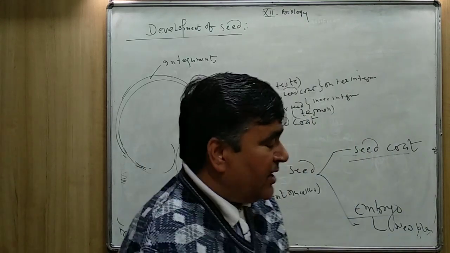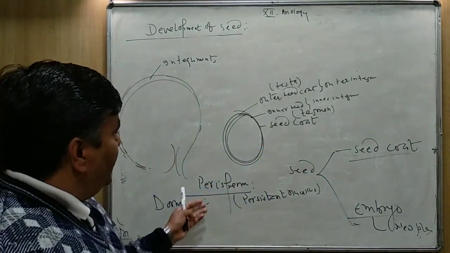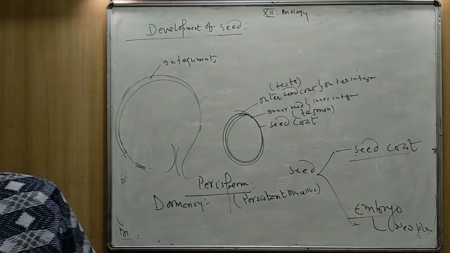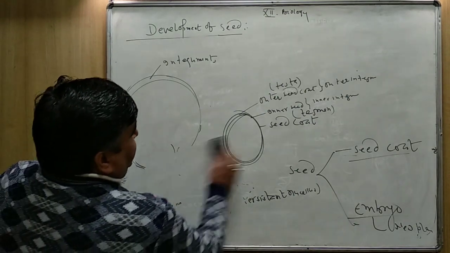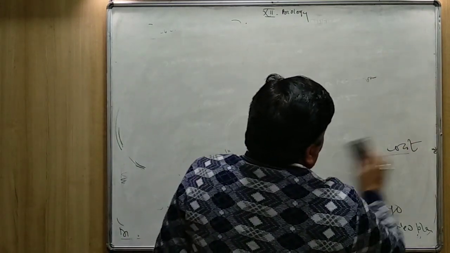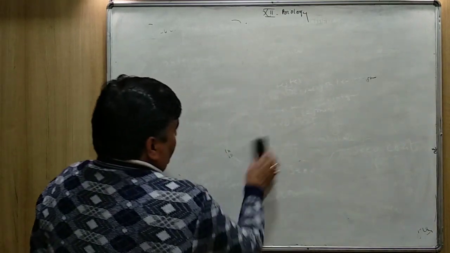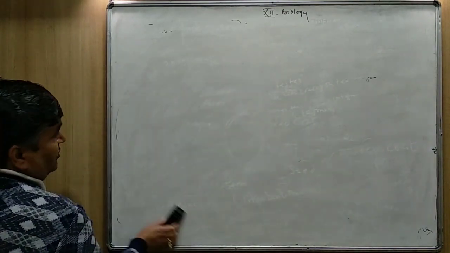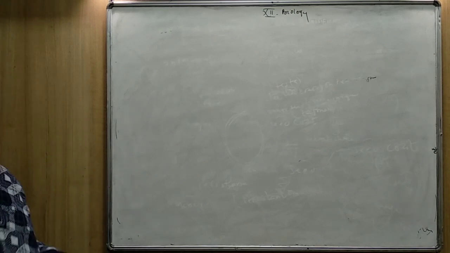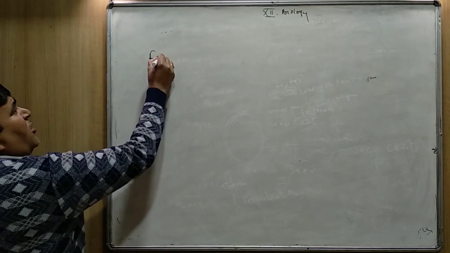And then you have to learn about the perisperm, then the dormancy. Now the next heading is fruit.